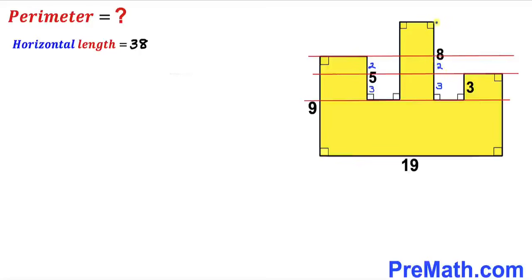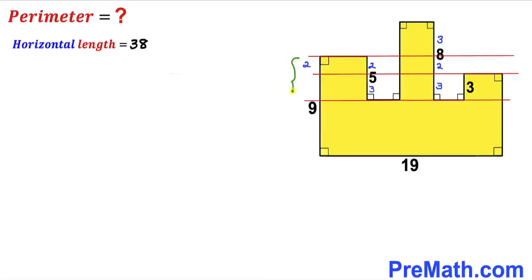And finally we know that this whole vertical length is 8 units. So this remaining vertical length is going to be 3 units. And finally let's focus on this segment that is 2 units. Then this vertical segment is going to be 2 units as well. Now let's make an observation.